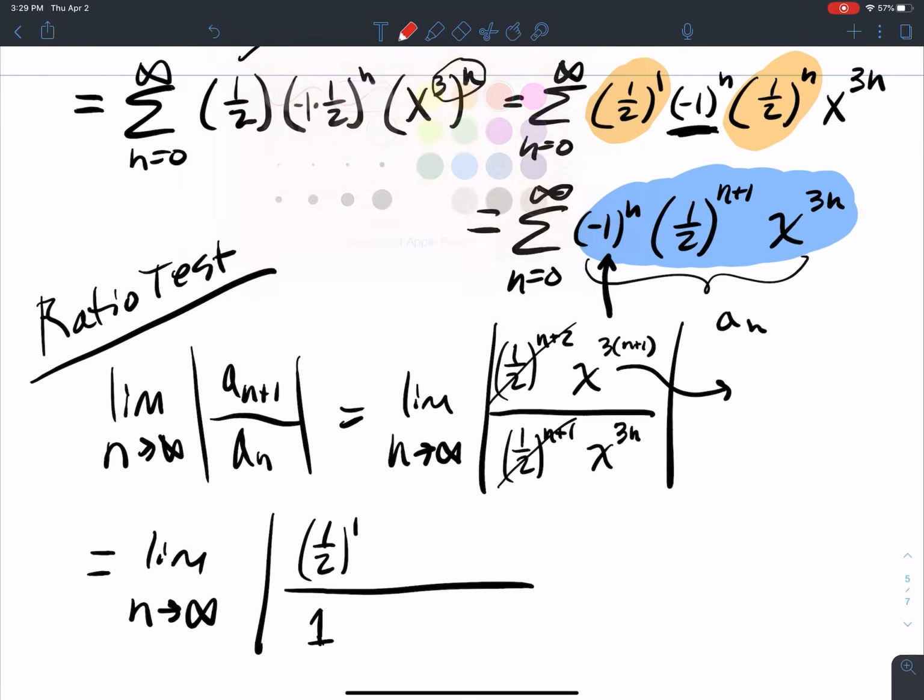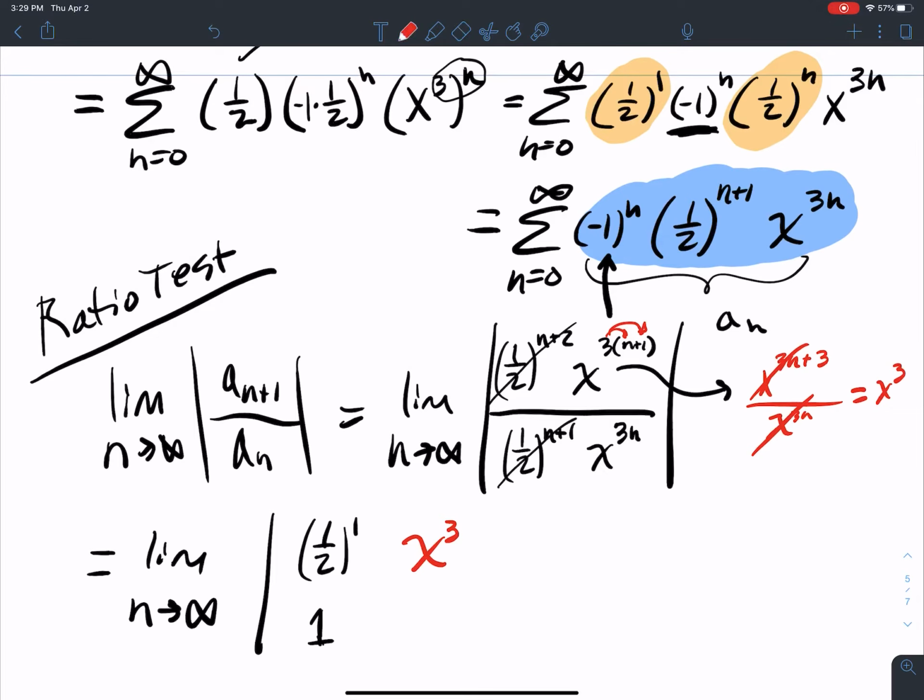Well, just a little scratch work. This is x to the 3n plus 3, right? Distribute the 3 into both of those terms there. So x to the 3n cancels with x to the 3n, but that leaves me an x cubed in the numerator.